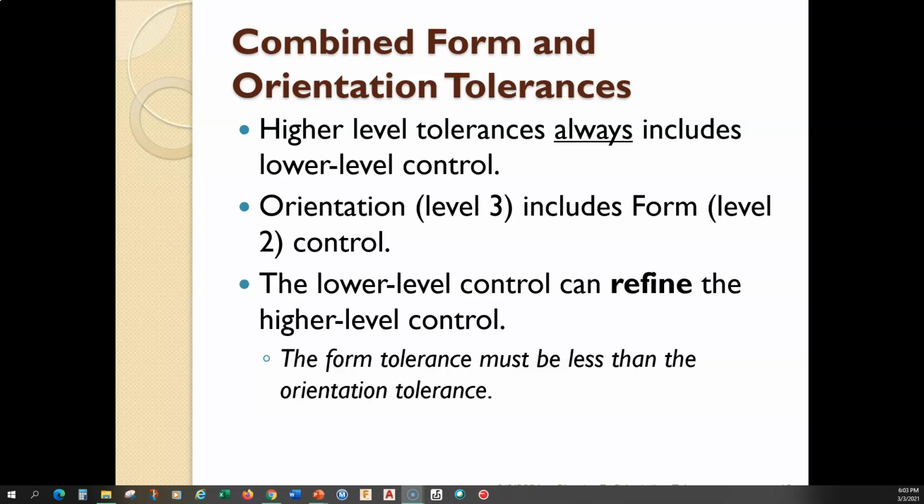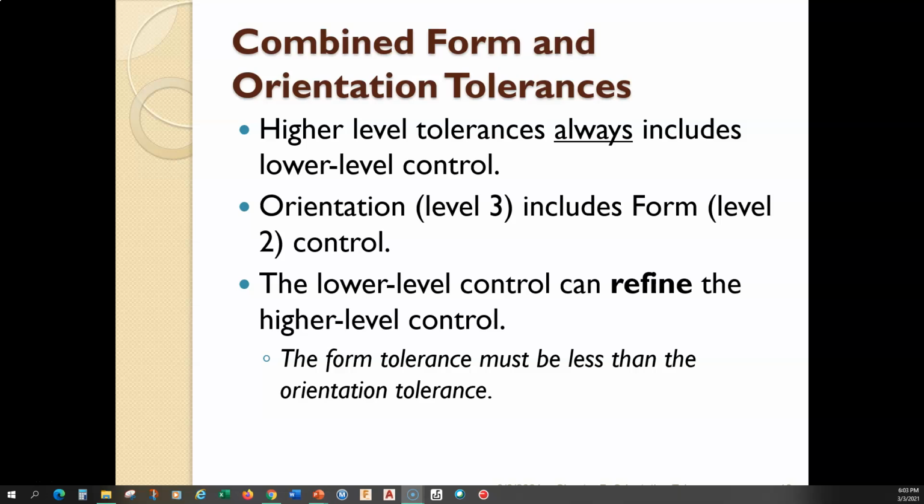So that would be an angularity, perpendicularity, or parallelism. And then the second line connected to the feature control frame above it would have the form control. All right, so that would be straightness, flatness, circularity, or cylindricity.